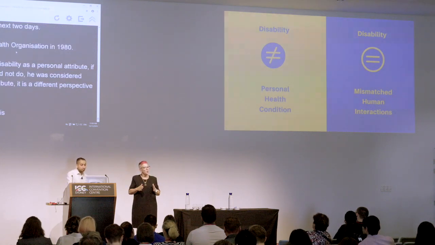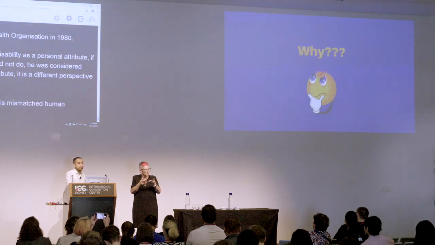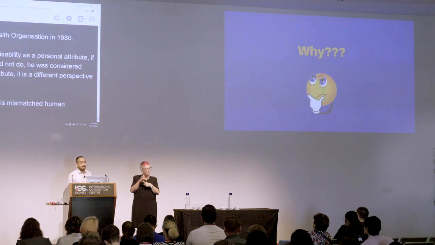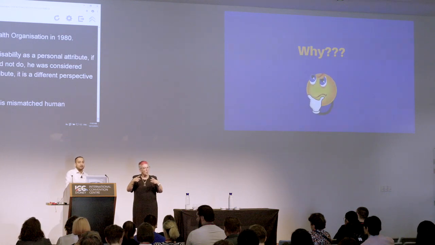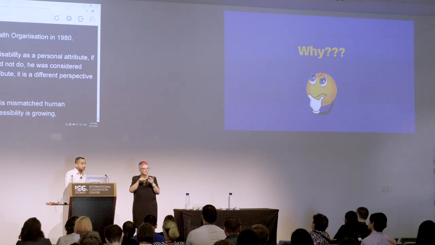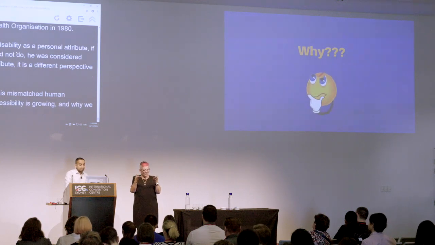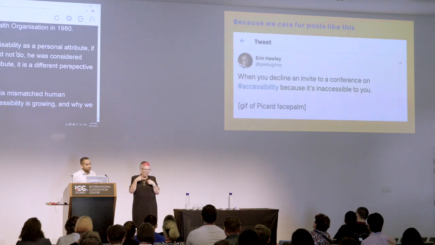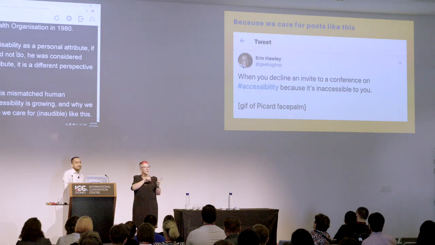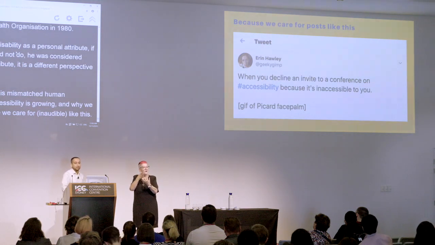And why accessibility is growing, and why we have started being concerned so much about accessibility, is because we care for tweets like this, when you decline an invite to a conference on accessibility because it is inaccessible to you.